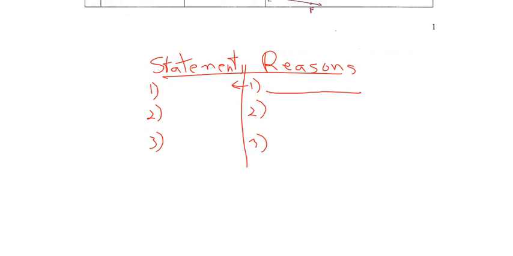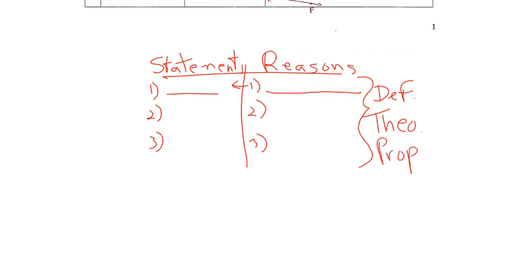So here we would have the statements, and here the justifications, which could either be a definition, a theorem, or a property that is being used to justify each statement that you have written. And the last statement should be the conclusion that you want to get.